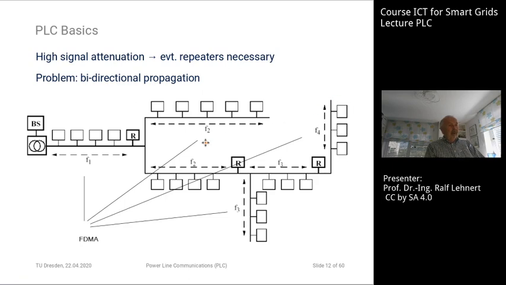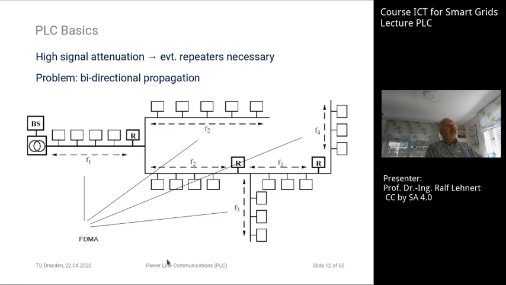That is why we can use so-called repeaters. A repeater, well, as the word says, repeats the signal. In the case of power line communications, if we can receive the signal here and we want to retransmit it in this direction, this does not work, because the power line is a power line.